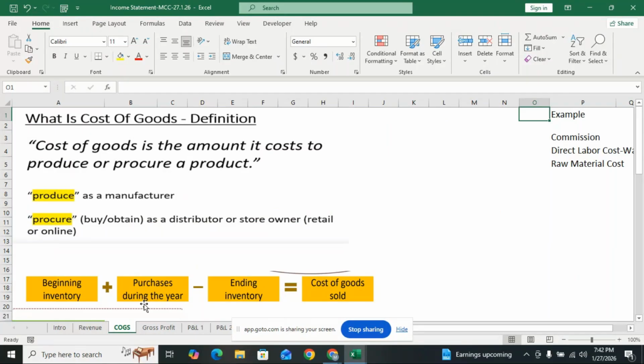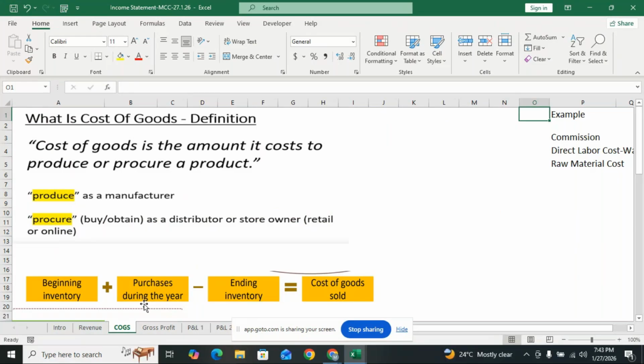Cost of the goods is the amount it costs to produce or procure a product. If I'm a manufacturer, what all costs I incur to manufacture the product, my primary, administration, secondary expenses, however you define, they all are summed up to determine the total cost of the product.